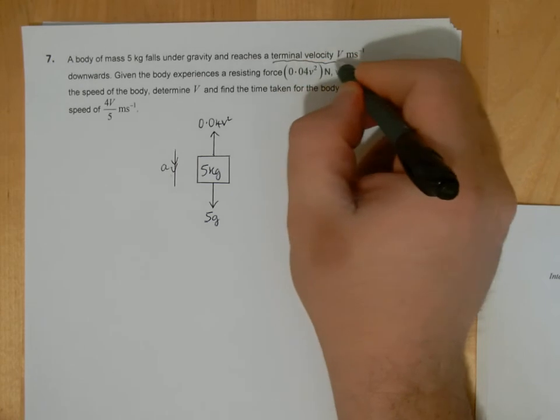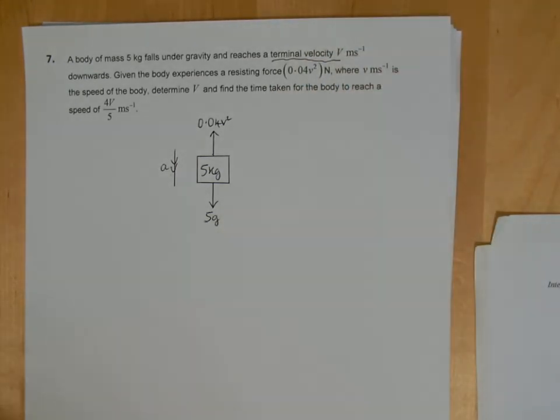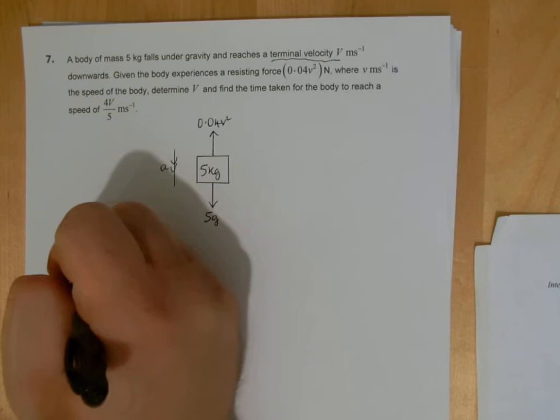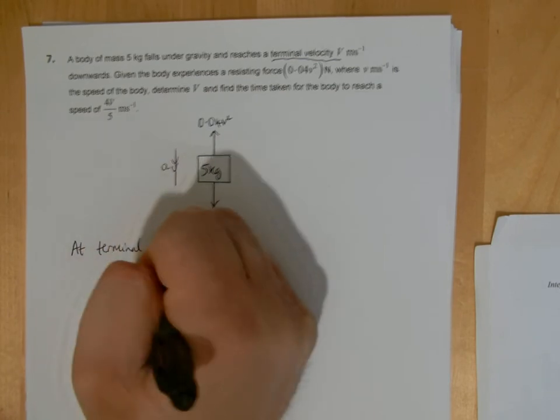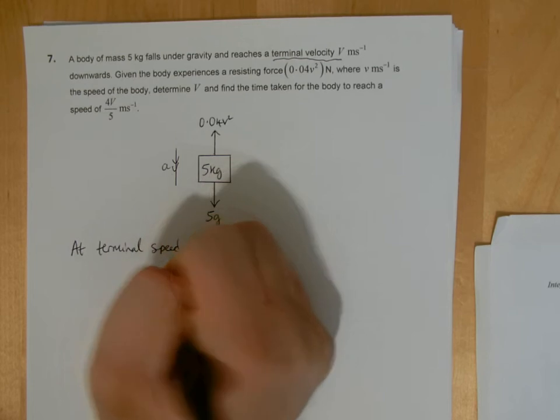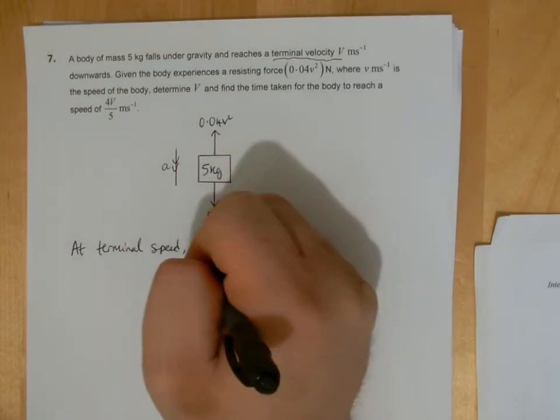Now terminal velocity simply means the final velocity that the body reaches as it's falling, so it can't get any faster, and it stays at that speed, essentially. Now if it stays at that speed, we can say at terminal speed, the speed remains constant.